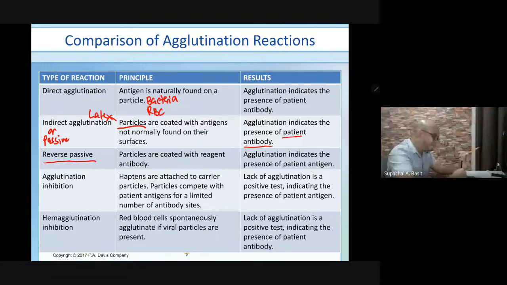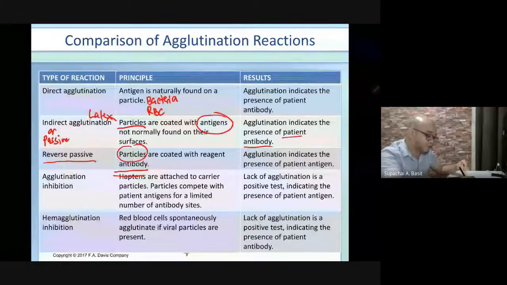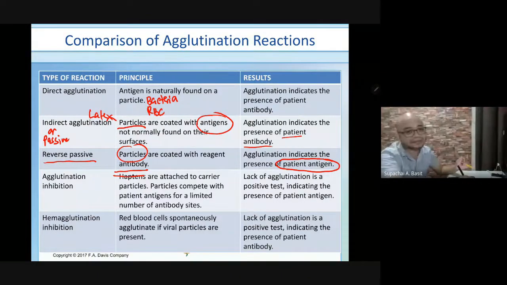Reverse passive would also utilize particles. However, the particles here are coated with reagent antibody, unlike in indirect agglutination, which is coated with antigen. So agglutination here indicates the presence of patient's antigen. Okay, agglutination inhibition. So haptens are attached to carrier particles, and particles compete with patient's antigen for a limited number of antibody sites.